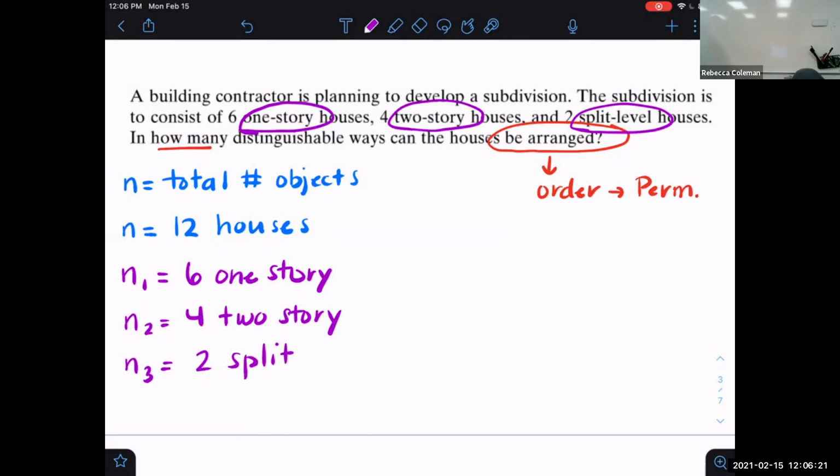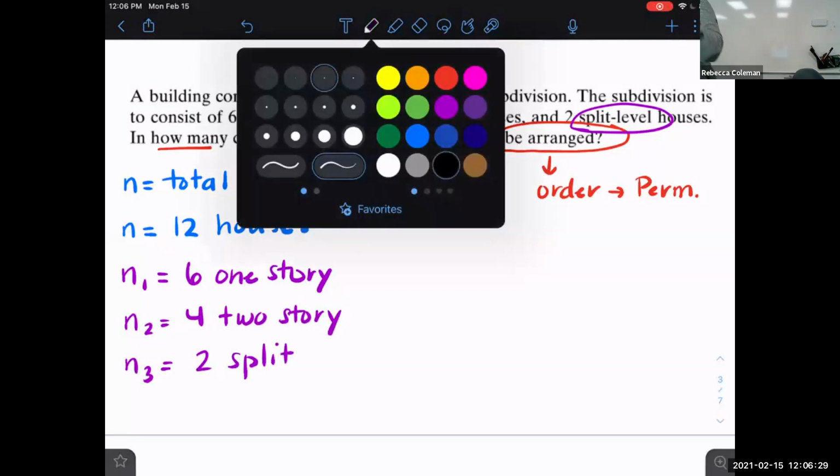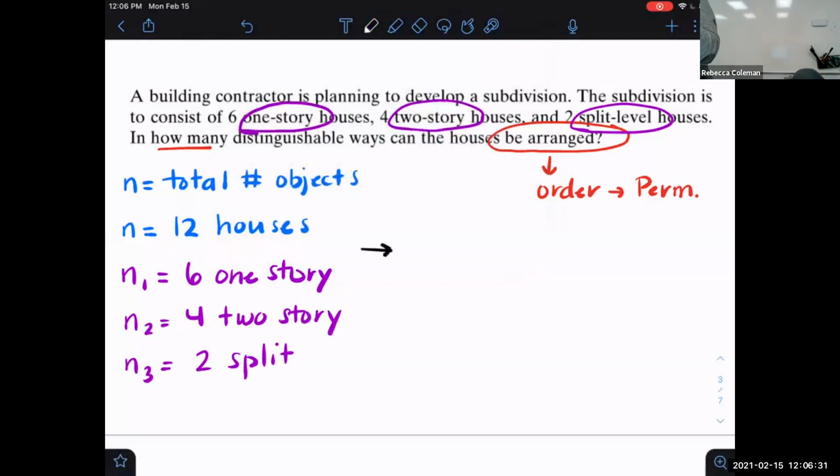When this happens, when you have a total, and then you've got these subgroups that look the same, what you do to count the number of distinguishable permutations is you take n factorial, start with the big picture, and then you divide out the factorial on any of these subgroups where objects look the same.